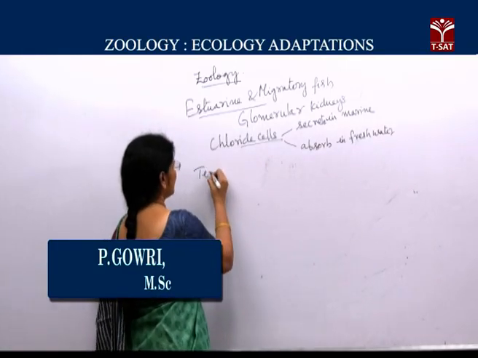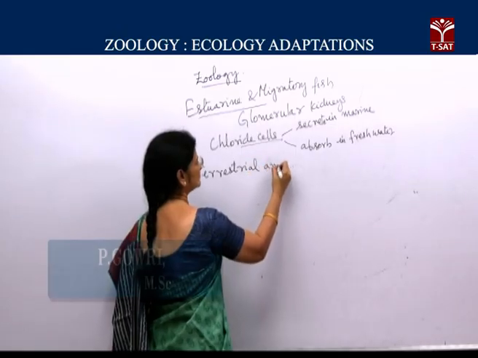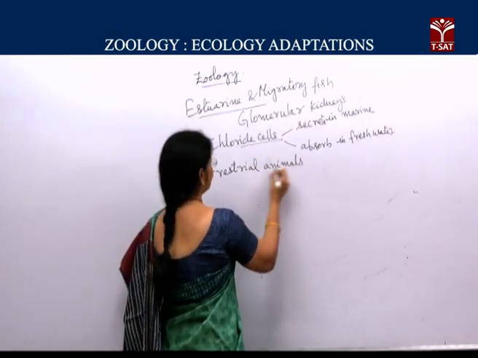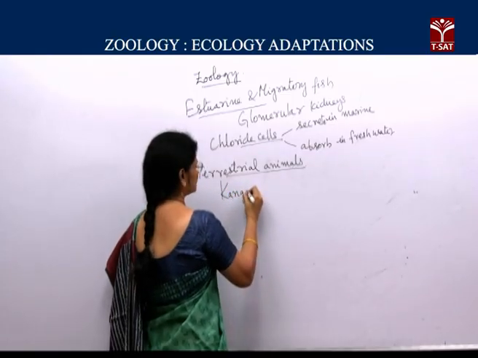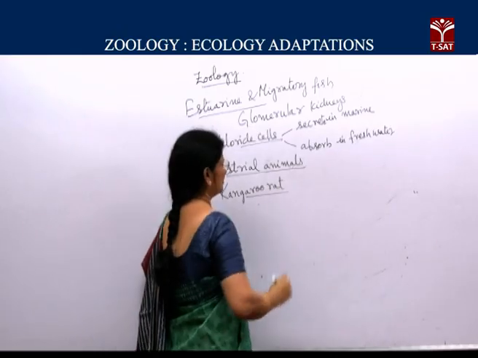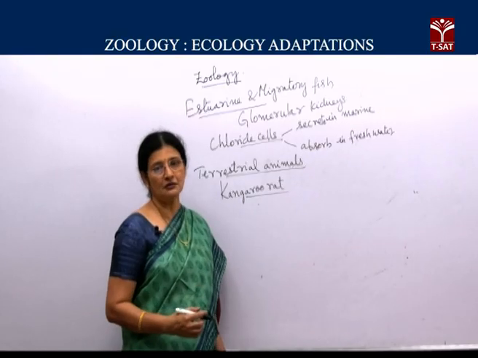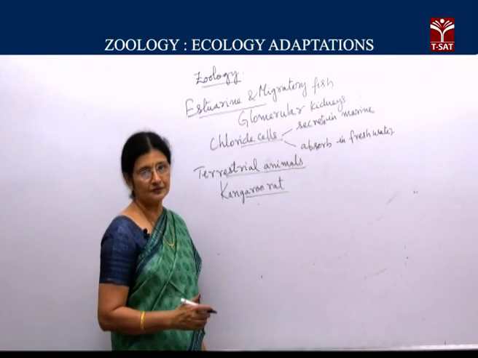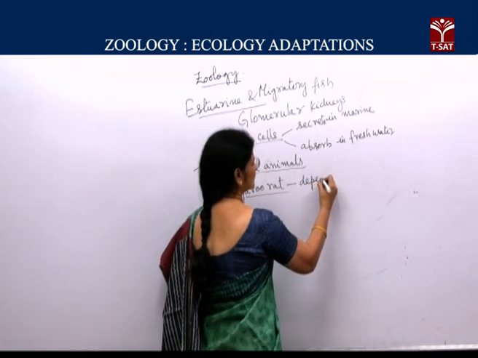In terrestrial animals like the kangaroo rat living in North Indian deserts, this will not drink water for many days, but it depends on metabolic water.